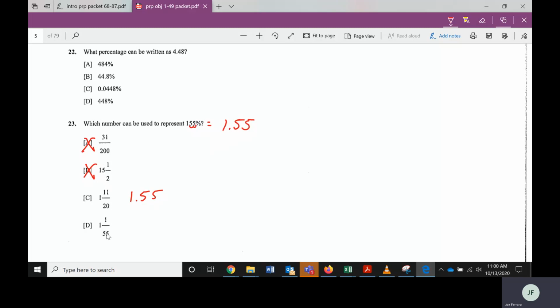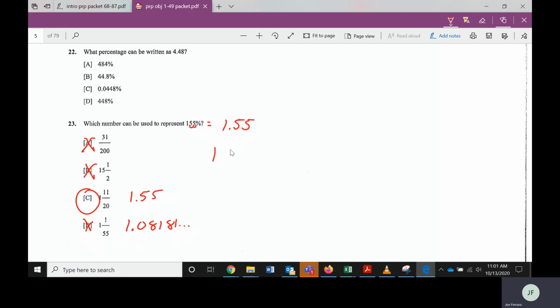So that should be our correct answer. We can double check. This has a whole number 1 in front. And take 1 divided by 55. And that comes out to be 0.08181, and it continues on that pattern, 818181. So that is not the same as this. So that's out. There's our answer.